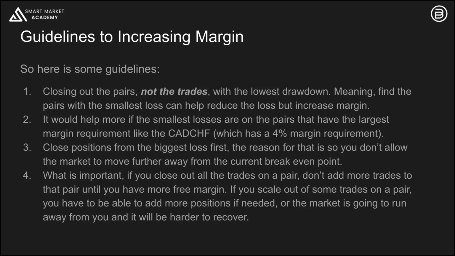So if, let's say, the euro US dollar has the lowest drawdown out of the five, then closing out all of those euro US dollar trades will mean that you can add more margin. So finding pairs with the smallest loss can help reduce the loss, but also increase the margin.